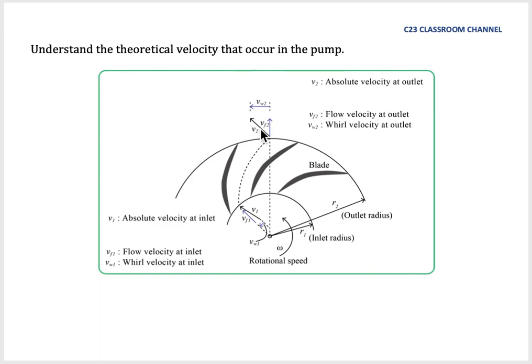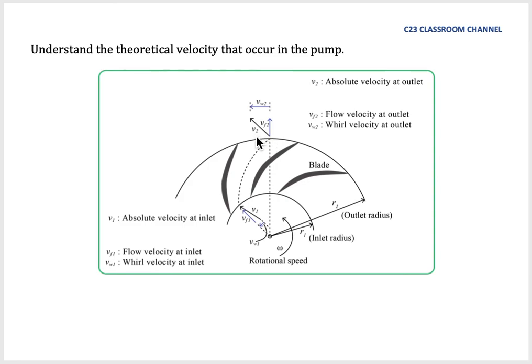Okay, so why does it happen? Because it faces resistance or it has losses. So in theory, the flow must be in the direction of VF1 here, and it must come out in the direction of VF2 here. But because of losses in the blade and losses in this mechanism, the V1 will flow a little bit slanted, inclined like this, and V2 will be inclined like this.